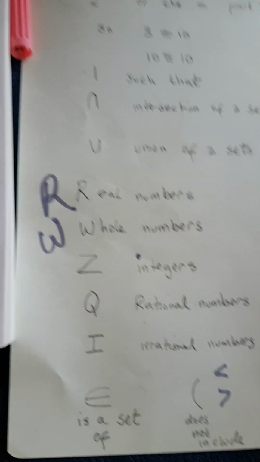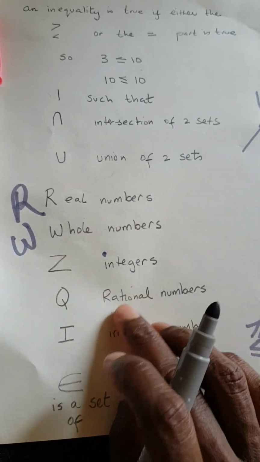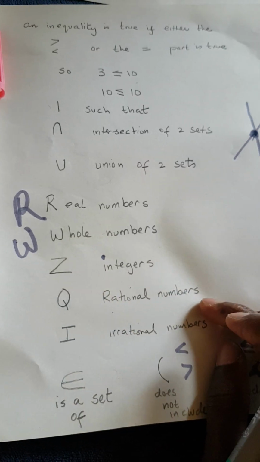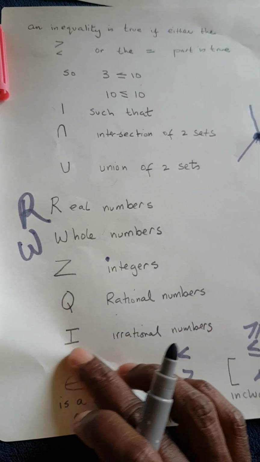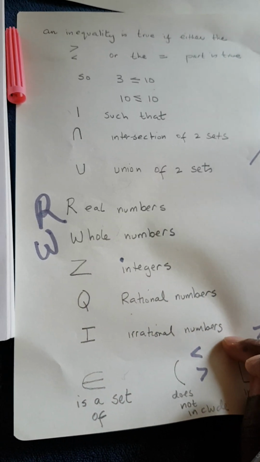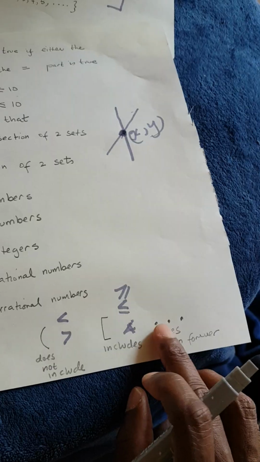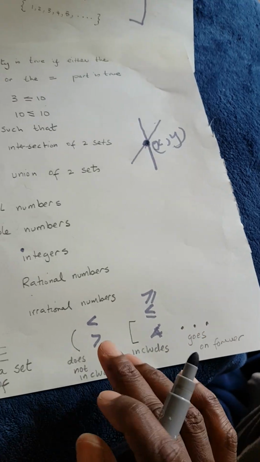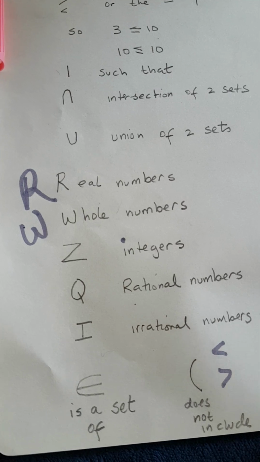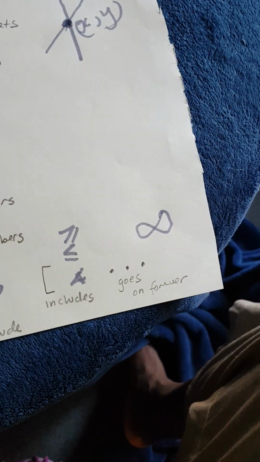Q stands for rational numbers. I stands for irrational numbers. And of course, the epsilon symbol means is an element of a set. And ellipses, when you see 3 dots, it means it goes on forever.